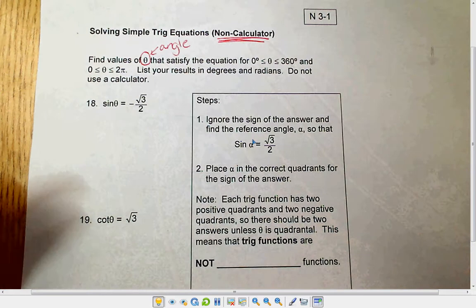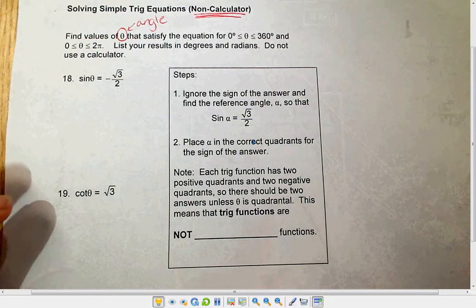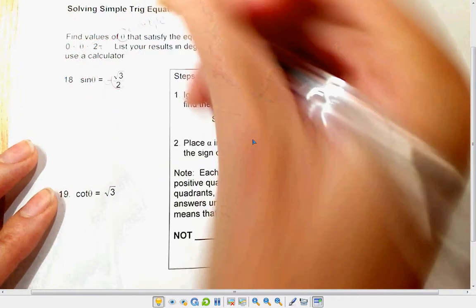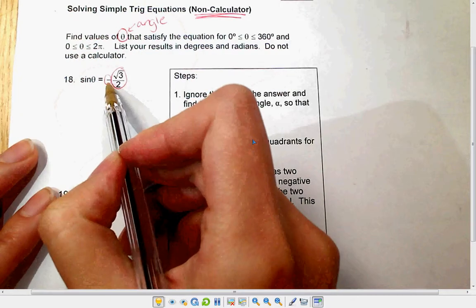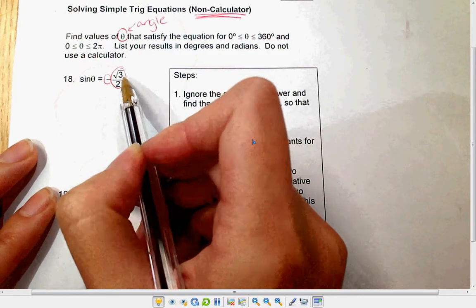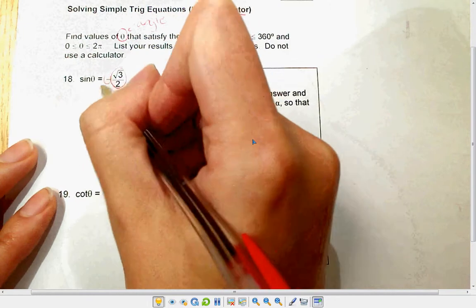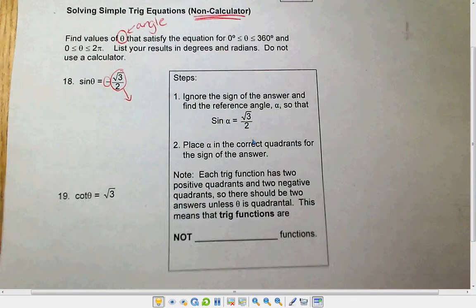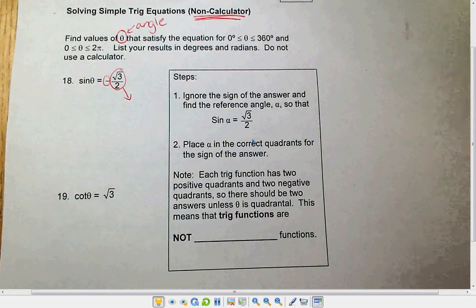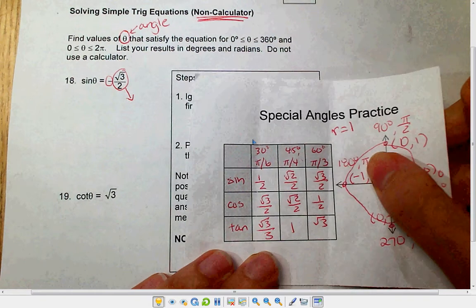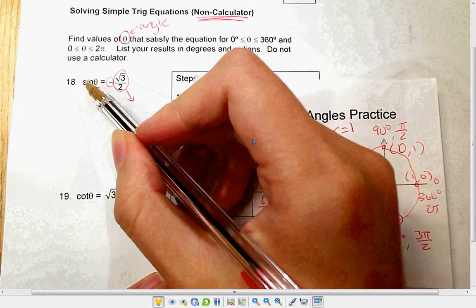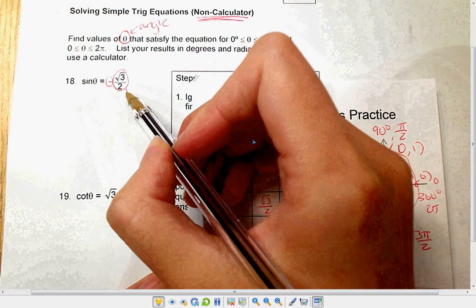So our steps are, the first thing we're going to do is ignore the sign of the answer. There's two parts of your answer. There's a positive or a negative, and then there's also the answer itself. So our first step is just ignore whether or not it's positive or negative and just look at the root 3 over 2. This is where we use our chart that we have memorized to look at when the sine gives us root 3 over 2.